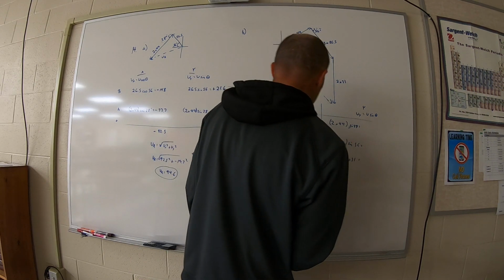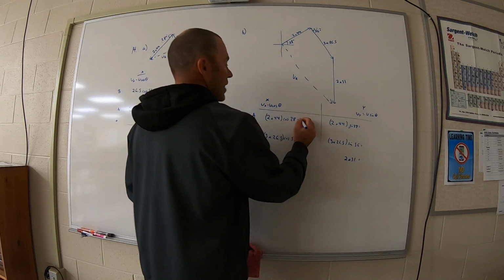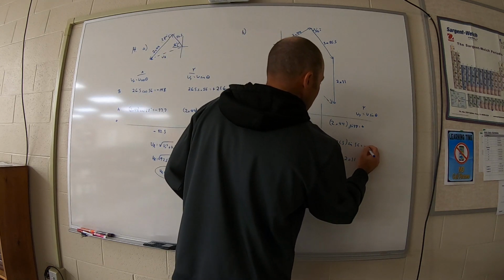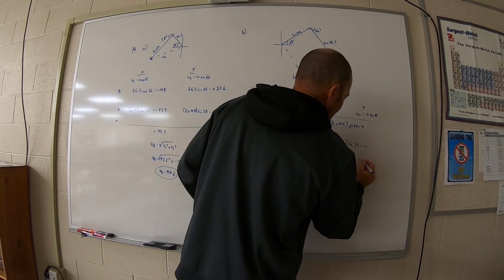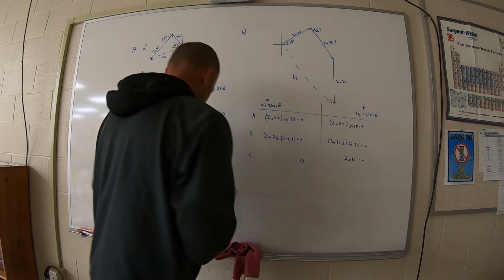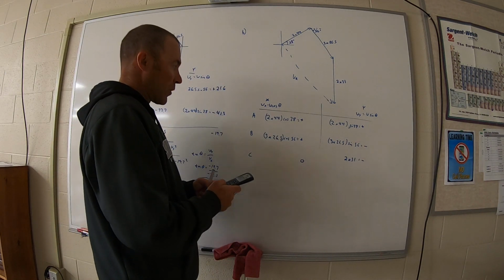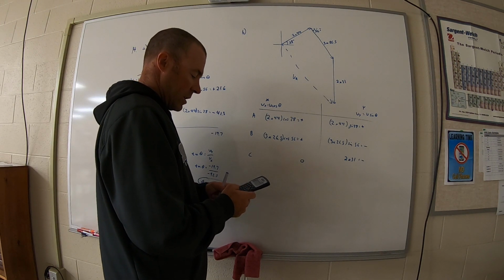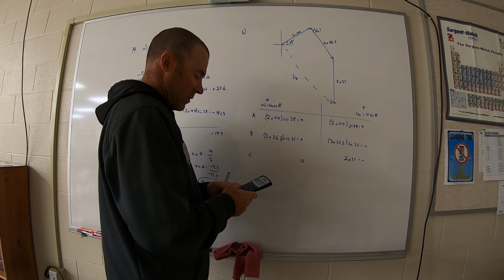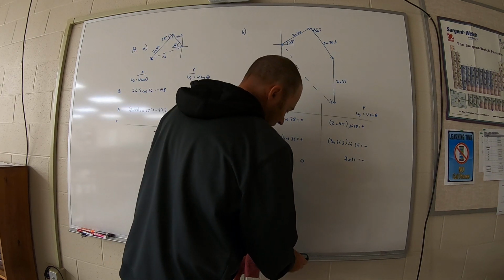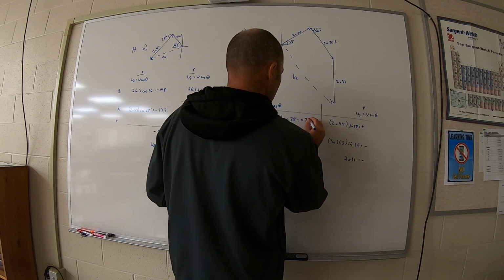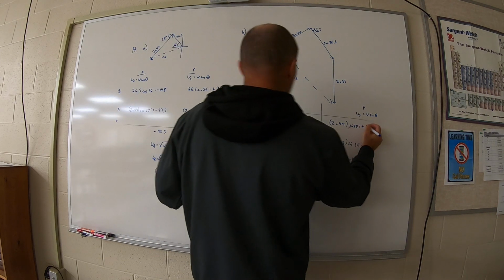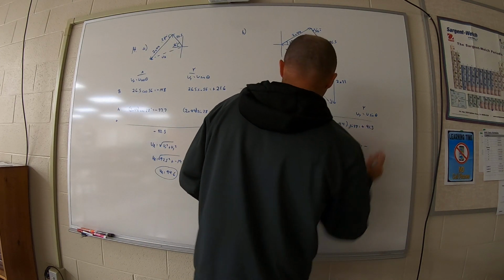So let's write in our signs. So A is going up and to the right, so it's going to be plus in both the y and the x. B is going down on the right, so it's plus in the x, negative in the y, and C is going down, so it's negative in the y. And let's solve our components. So 88 times the cosine of 28 is 77.7, and 41.3.